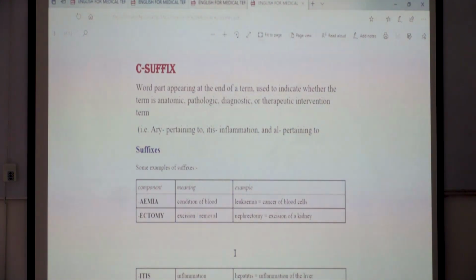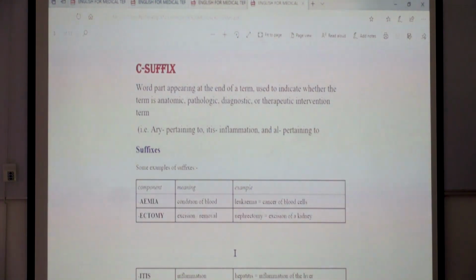The suffix give the meaning of the root when we are using, like itis, like carcinoma, like many things. In different places, in different using of the suffix.